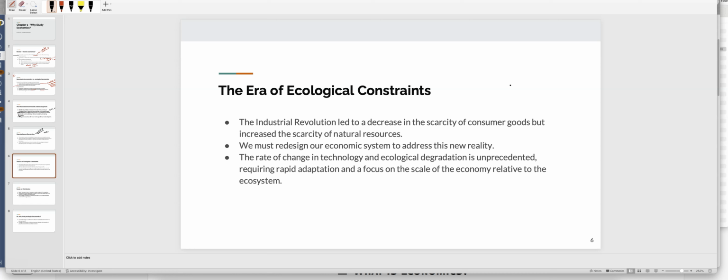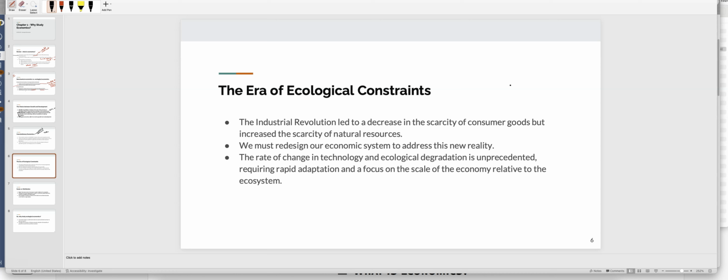Okay. When we look at these constraints and we want to look at what ecological constraints are imposed on society, what we see is that when the Industrial Revolution happened in the late 1700s, we saw that consumer goods became more prevalent, but that the natural resources used to produce them became in shorter supply.